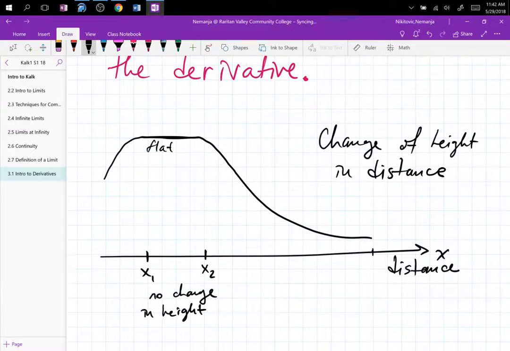And then from x2 all the way to x3, we are losing height. Observe any or all tangent line slopes. They're all negative.